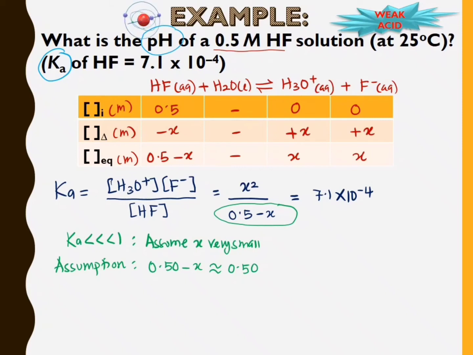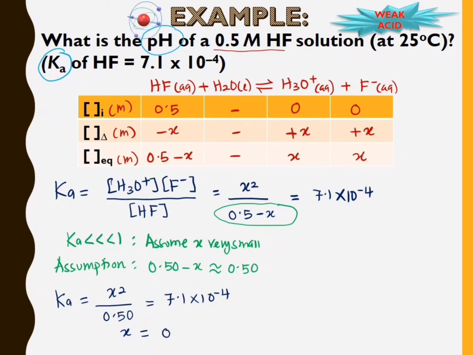Okay, so now Ka awak akan jadi X squared divide by 0.50 equal to 7.1 times 10 power of negative 4 sahaja. So, no need to solve the quadratic equation.